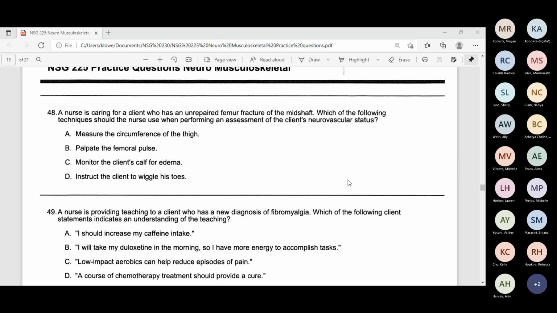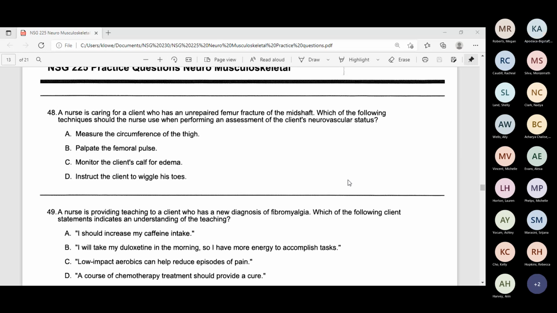A nurse is caring for a client who has an unrepaired femur fracture of the mid-shaft. Which of the following techniques should the nurse use when performing an assessment of the client's neurovascular status? B, palpate the femoral pulse.